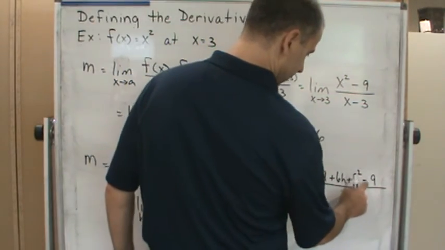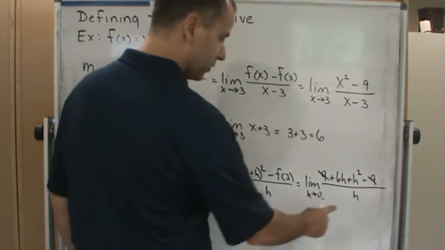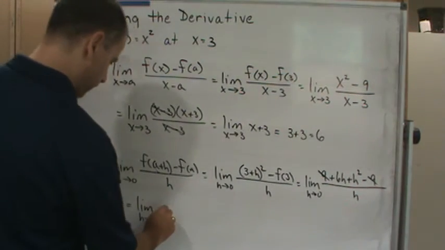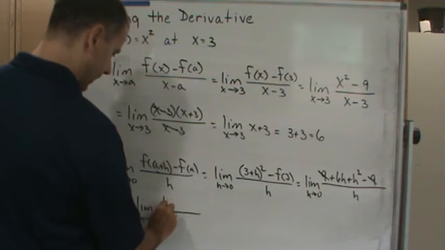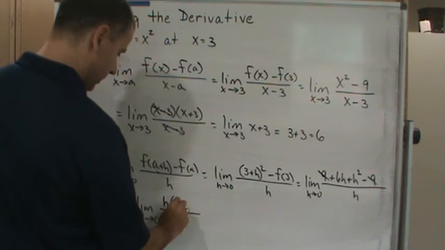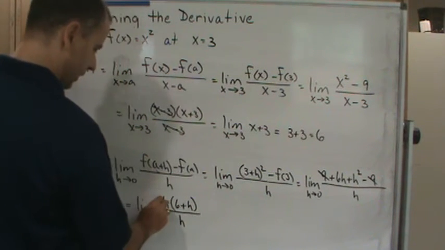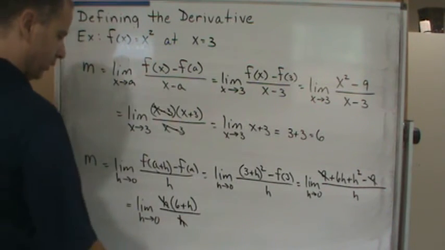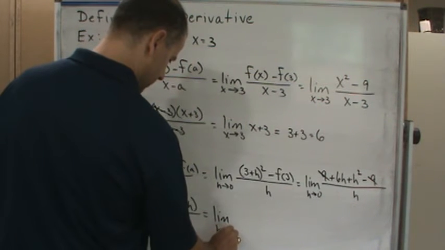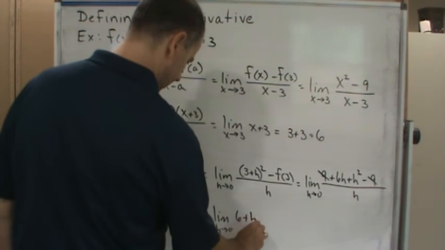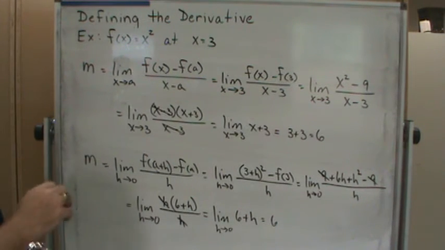I get 9 minus 9, so the 9's cancel, and now I can factor out an h to cancel with the h below. So I get h times 6 plus h over h, and the h's divide out to equal 1, and so I get the limit as h approaches 0 of 6 plus h, which equals 6. And I get the same answer for the slope.